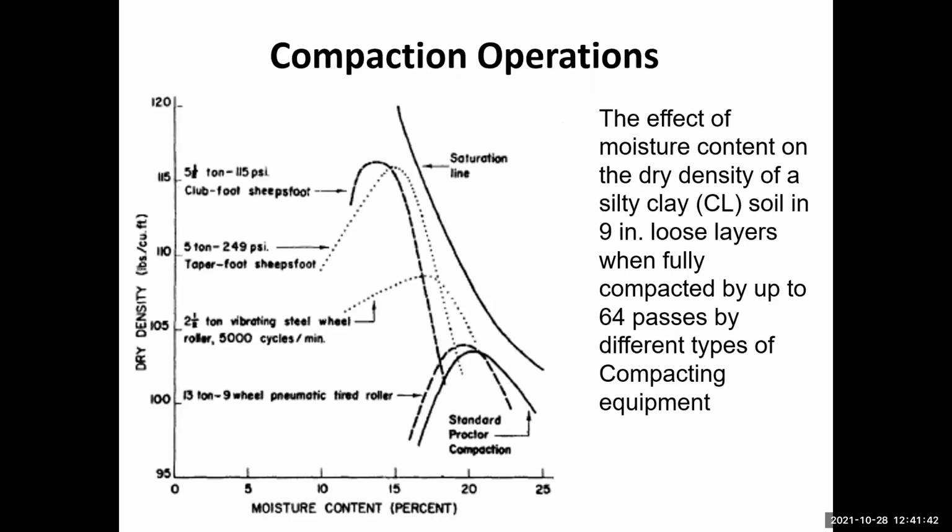Also, the compaction operations depend on the type of the equipment. So, the effect of moisture content on the dry density of a silty clay soil in 9-inch loose layers when fully compacted by up to 64 passes by different types of compacting equipment.